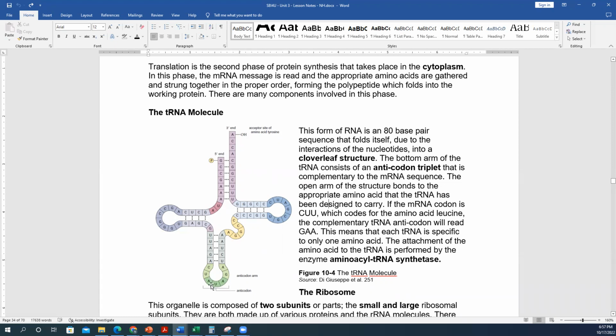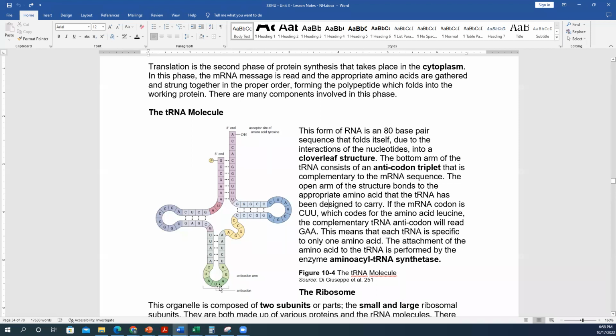This is complementary to an mRNA sequence. So if you can imagine there was an mRNA sequence down here, this would be complementary to that mRNA sequence. U would be complementary to an A, and A would be complementary to a U, because we don't have any T's on mRNA.